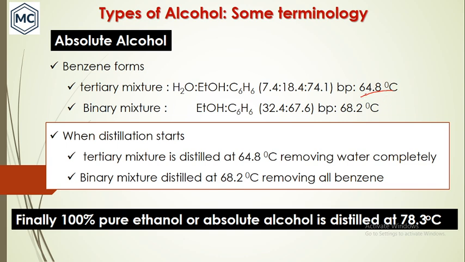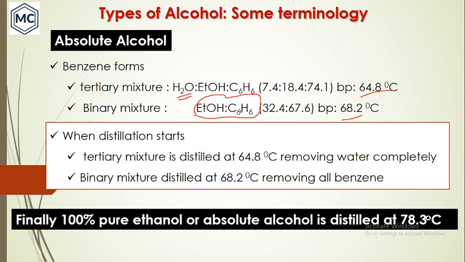So if you are doing distillation at 64.8 degrees, you will be able to remove water completely, and collect all three components of this mixture. When you increase the temperature to 68.2, you will also be able to collect this binary mixture, ethanol and benzene, in this ratio.